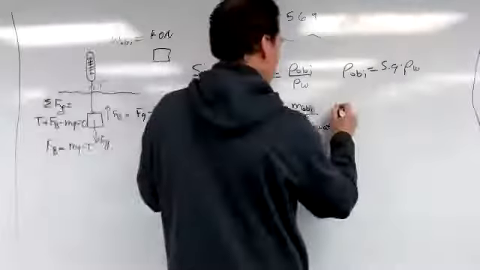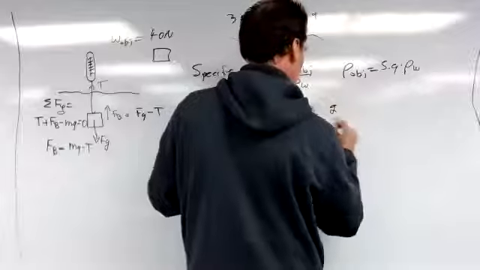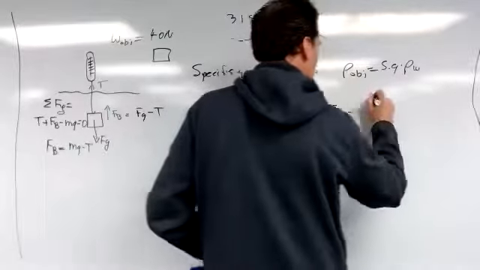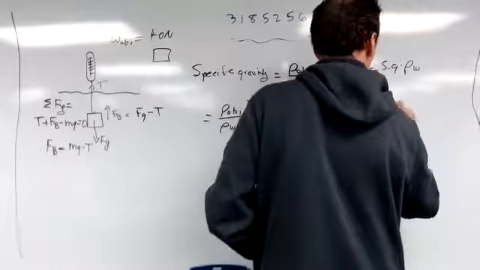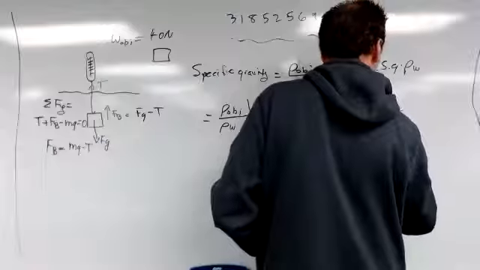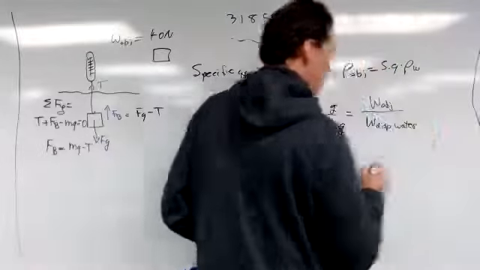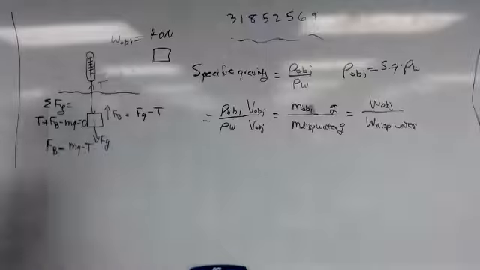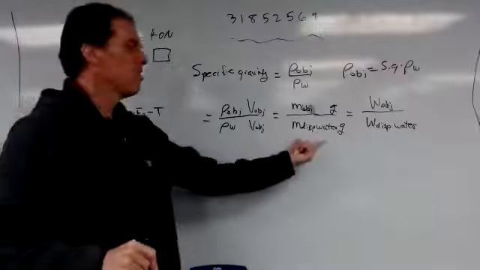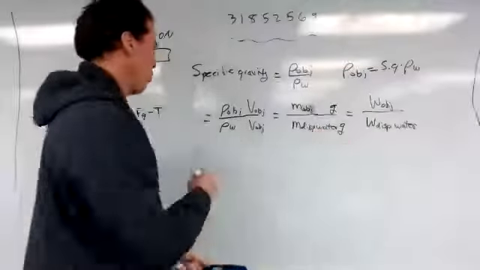I'm going to multiply this by g and this by g. This gives me the weight of the object, and this gives me the weight of the displaced water. The mass of the displaced water times g is just the weight of the displaced water.